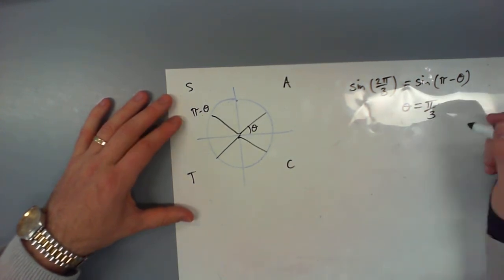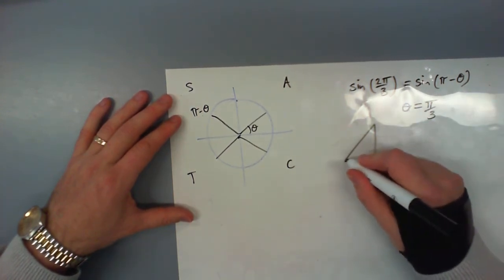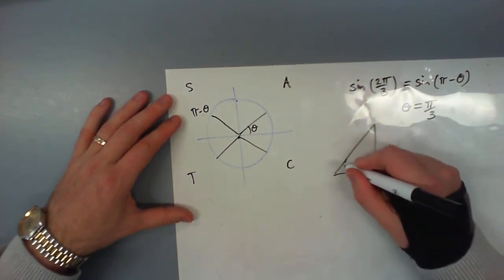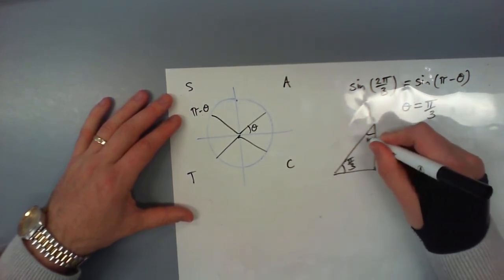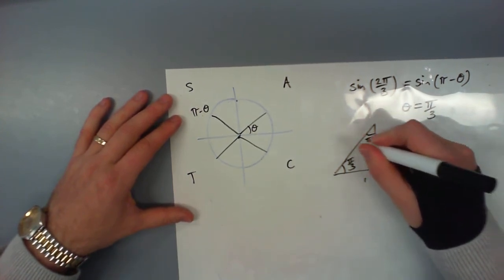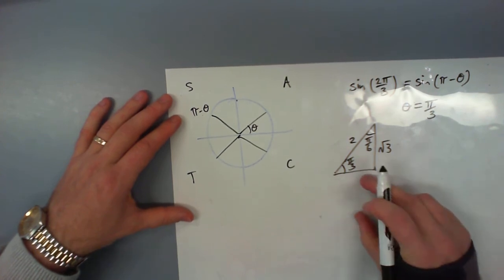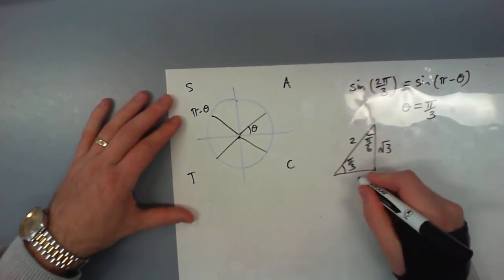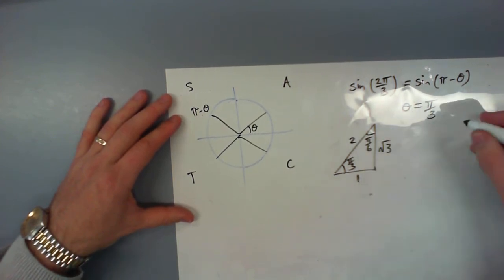Now we think about our exact values. For pi on 3, we're utilising this triangle, because it's pi on 3, pi on 6, with sides 1, root 3, and 2. So if we're looking at pi on 3, sine is opposite over hypotenuse.